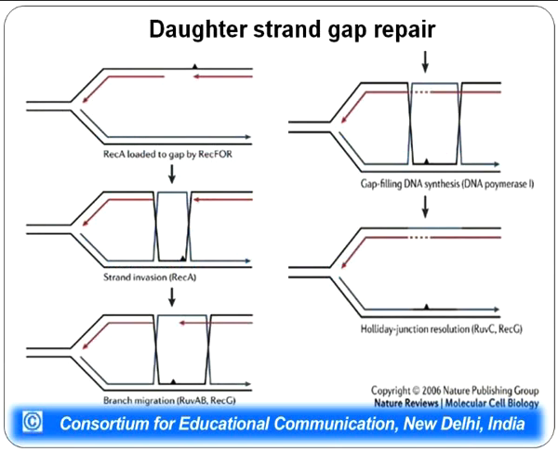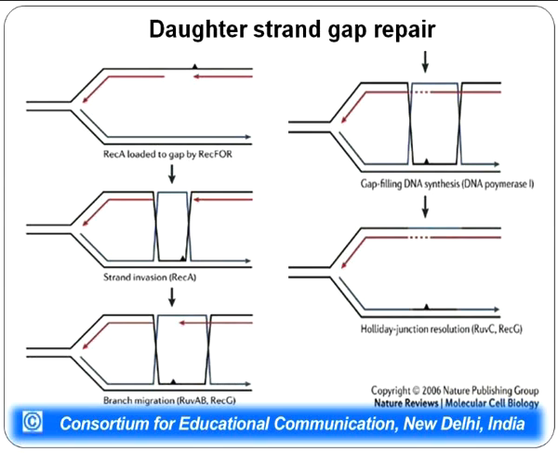The daughter strand gap repair requires RecA protein. RecA is a protein which is involved extensively in repair of the DNA, and also in recombination of DNA. So, RecA protein is loaded onto the gap created on the newly synthesized strand. Whenever there is a lesion in the parental strand, there will be a gap in the daughter strand which is getting synthesized. So, in this particular gap, RecA protein will be loaded by RecF protein.